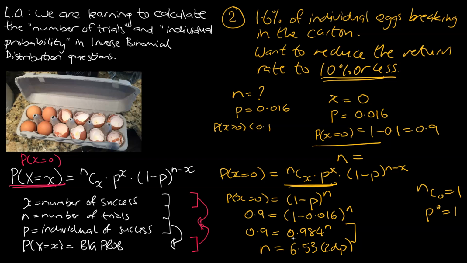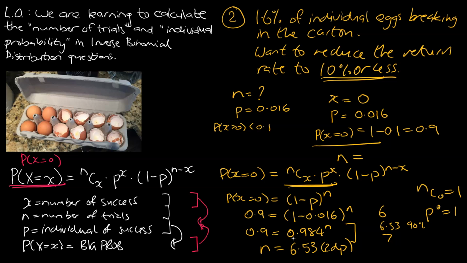Obviously, you can't have 0.53 of an egg. So we've got to figure out, are we going to round up or round down? We've got 6, then 6.53, and then 7. If we keep it at 6.53, that's exactly 90%.